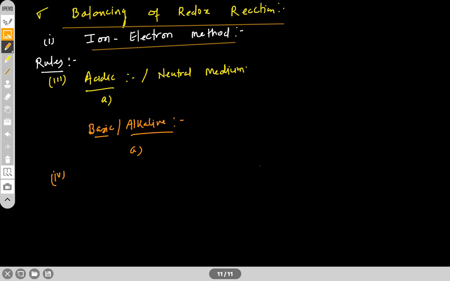The fifth and the last one is multiply both equations by a suitable integer so that the number of electrons get cancelled when we add the two equations. Are you done? All of you done?